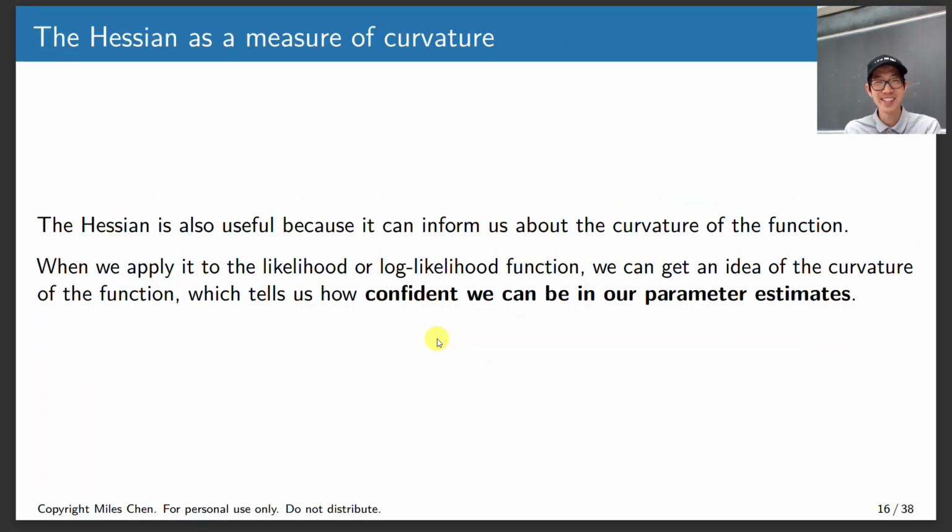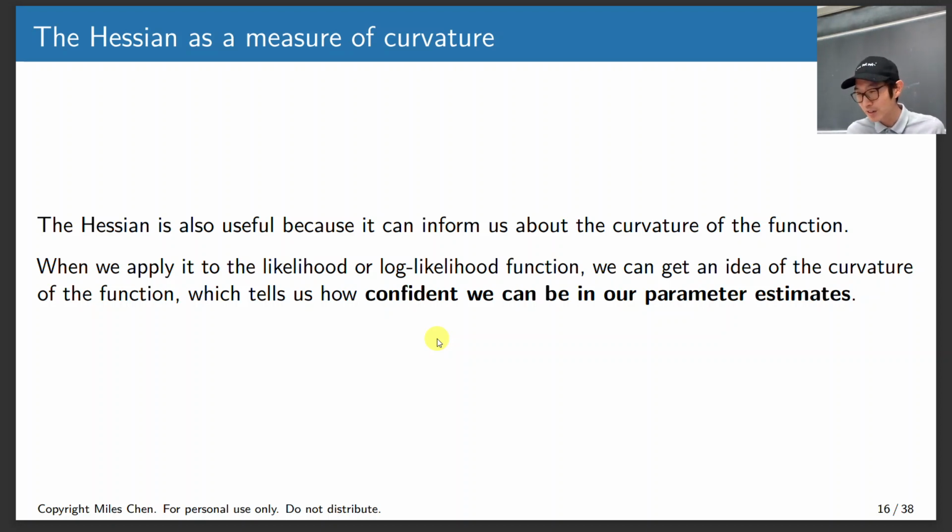Okay. So the Hessian is useful to us because it can tell us about the curvature of the function. If you apply it to, say, the likelihood or the log likelihood of the function, we get an idea of the curvature of that function, and that in turn can tell us how confident we can be in our parameter estimates.